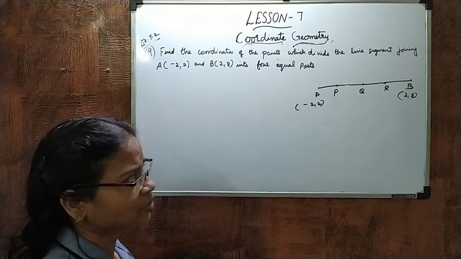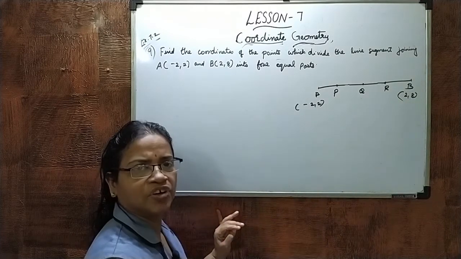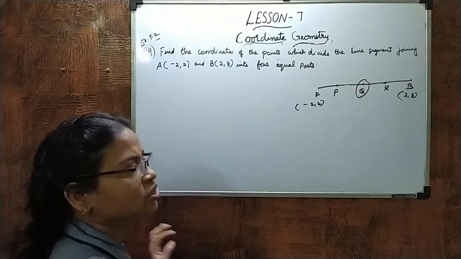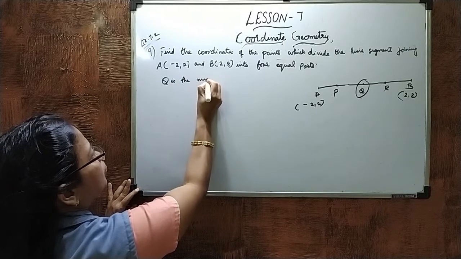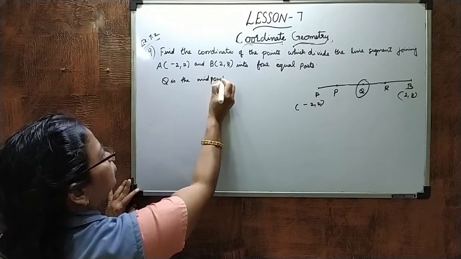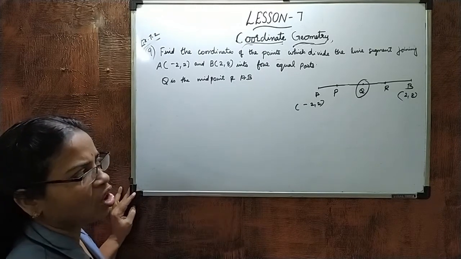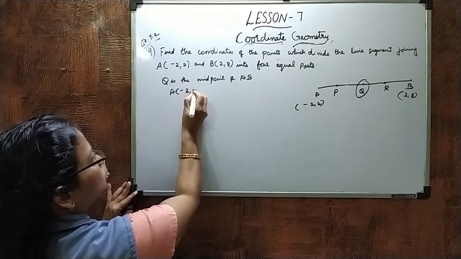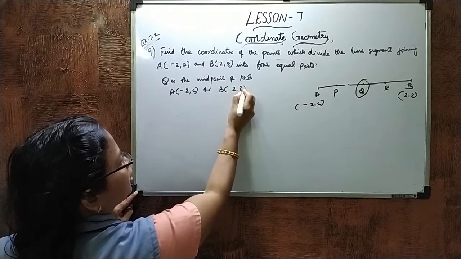How will you find out? Now look, AB is there, right? Which is the middle point of AB? Q is the middle point of AB, right? So Q is the midpoint of AB. Now can you find out the coordinates? A is negative 2, 2 and B equals 2, 8.